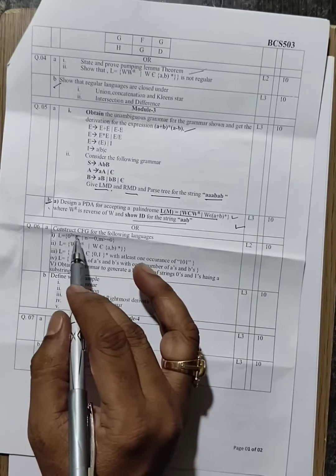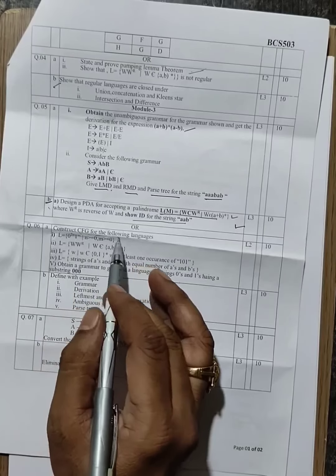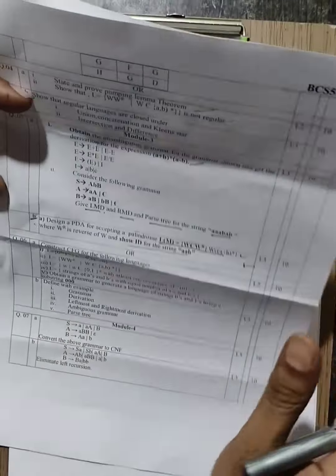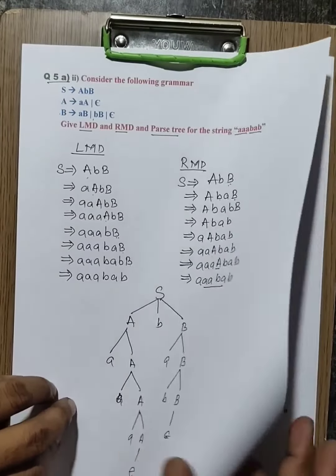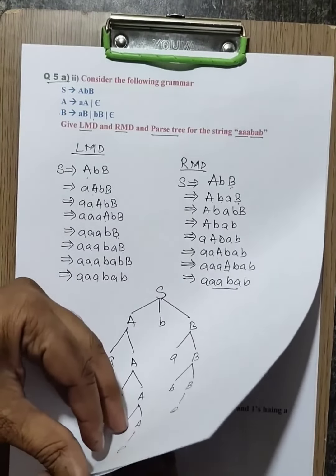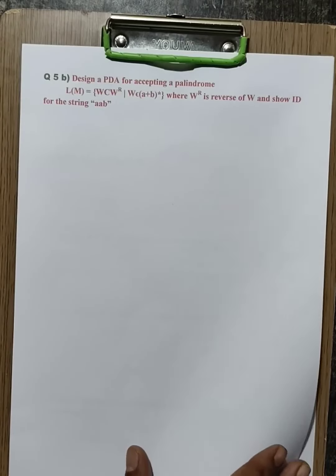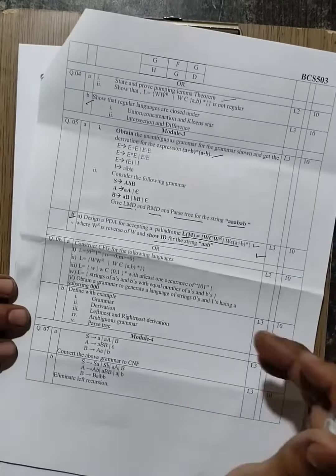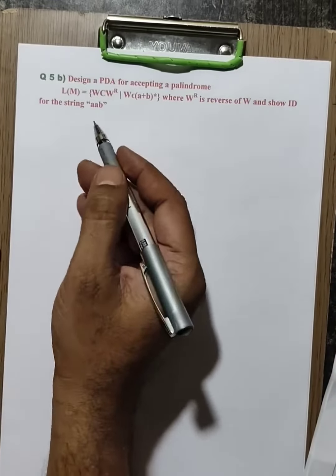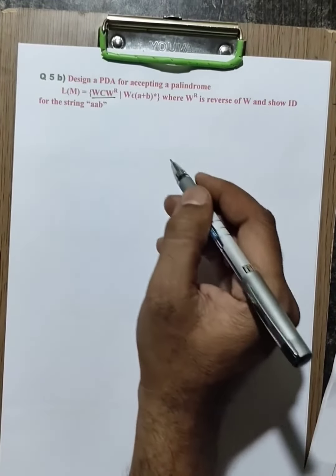Next, construct CFG for the language. Construct grammar from the language. This example question number 5B you can watch from my videos or you can design PDA for this WWR.